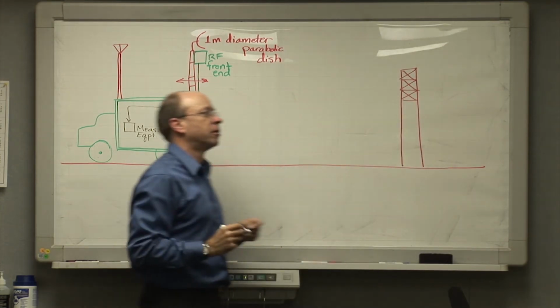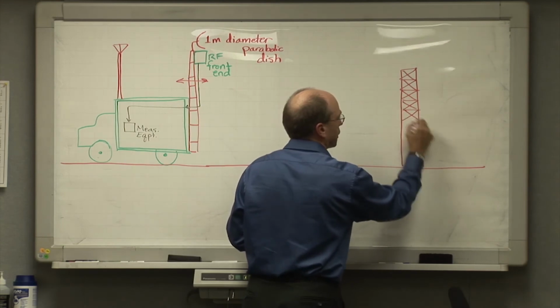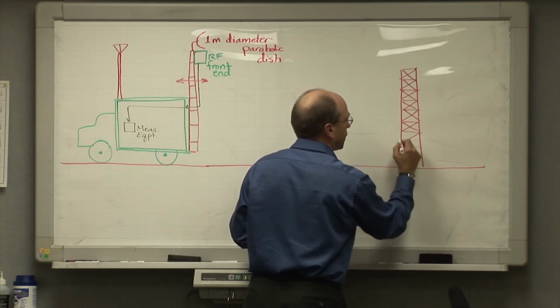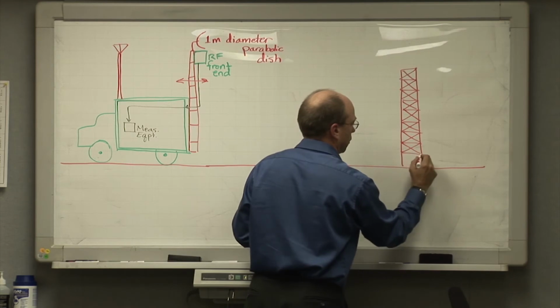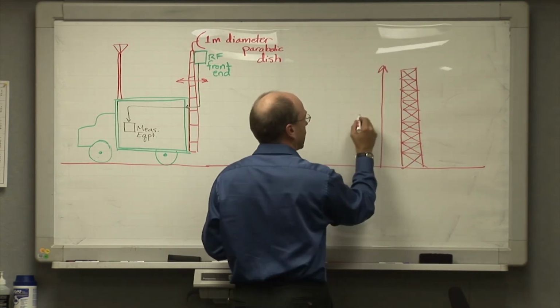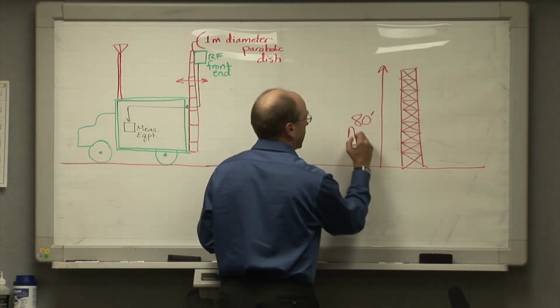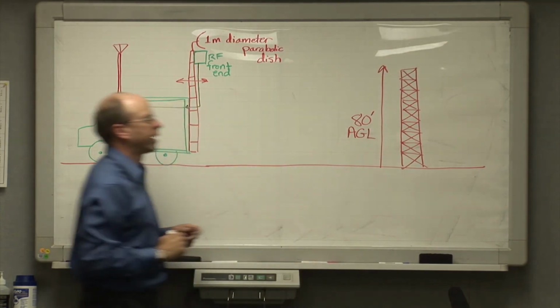And it's not unusual for airport surveillance radars or long-range air route surveillance radars to be mounted on towers or platforms which put the radar antenna at a height of about 80 feet above the ground, AGL, 80 feet above ground level.